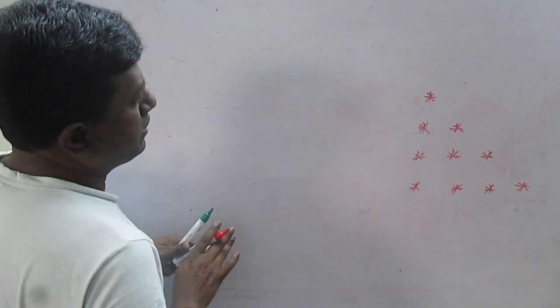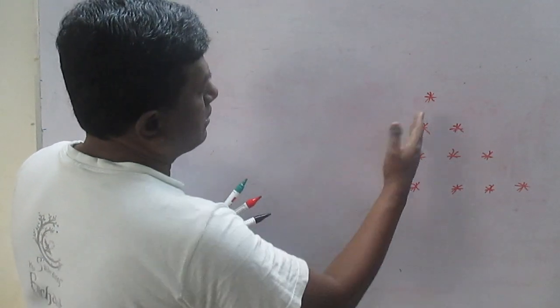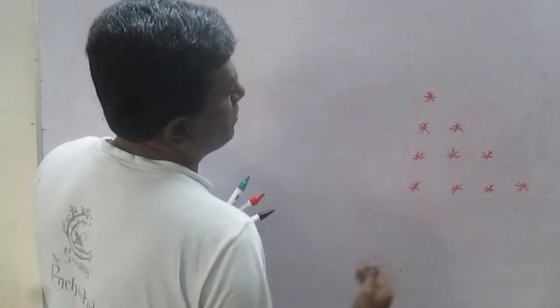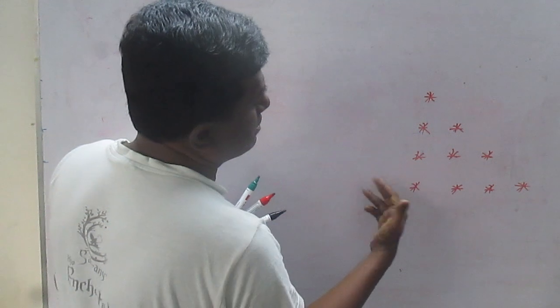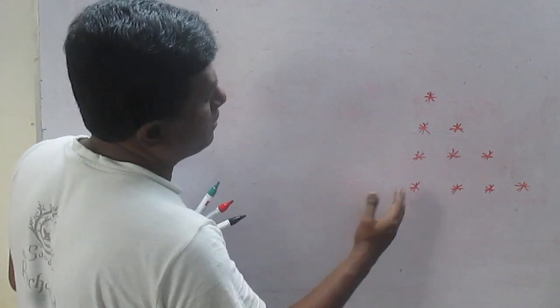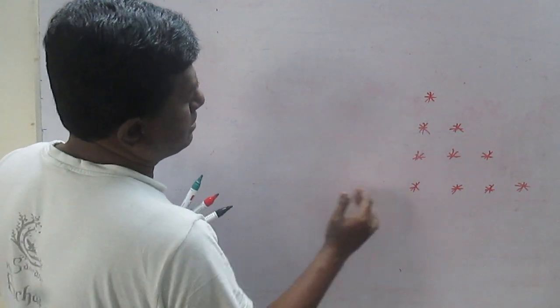So it is something like rows and columns, similar to how many rows and how many columns. If you understand that rows and column structure, we are using it in arrays. Similarly, we can do this.